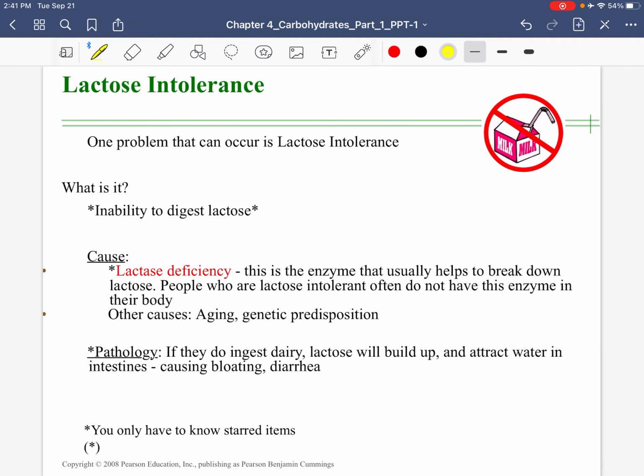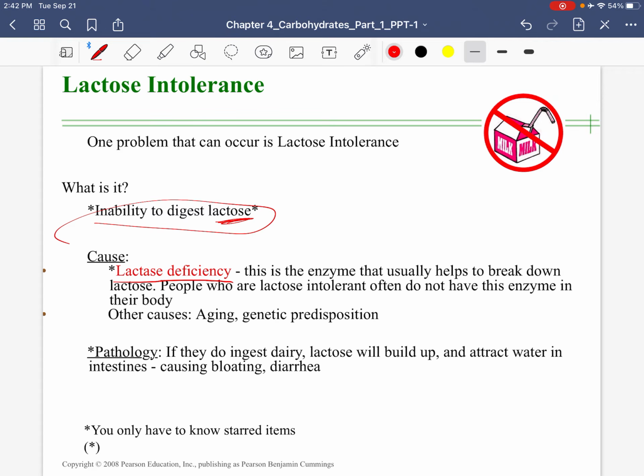All right, I mentioned this already. Now we just want to make sure we have a slide on it. We talked about lactose being a disaccharide. Well, some people don't have the appropriate enzyme for lactose. Make sure you can define lactose intolerance or a lactose deficiency. Usually this has to do with a lack of lactase.